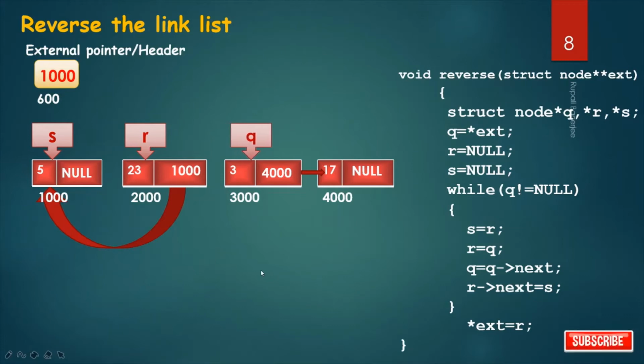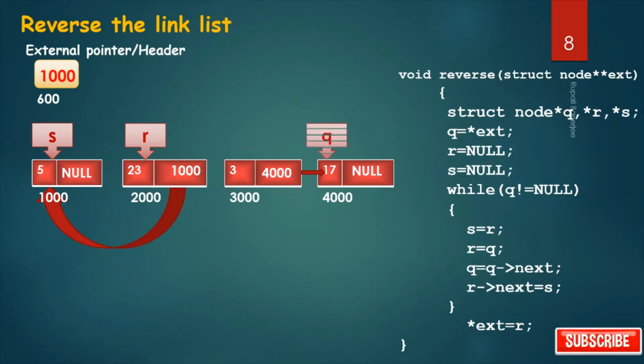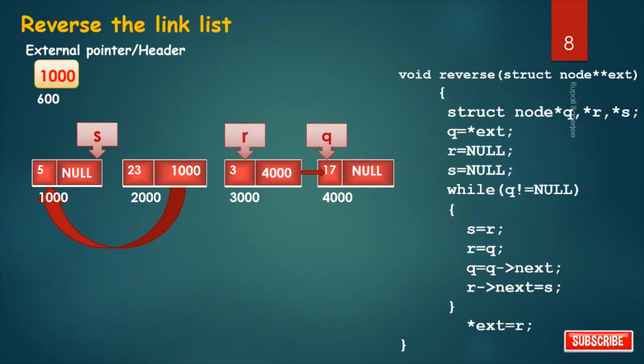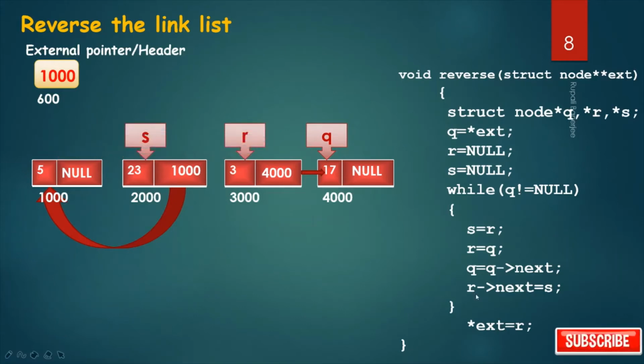And R arrow next equals to S. R arrow next means here you have to give the address of S, that is 2000. So this link is destroyed and there should be one link from here to here.